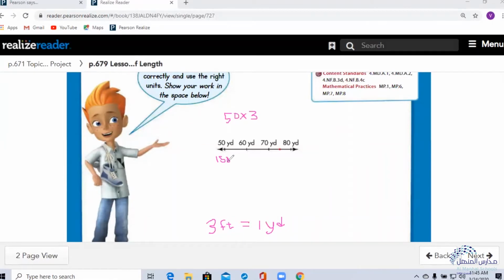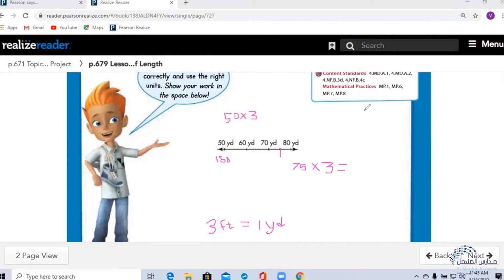So 50 times 3 is 150. Now, he jogged 75 yards, so I have to look at how many feet are in a yard, and that's 3. So I multiplied with 3. So 75 multiplied by 3.